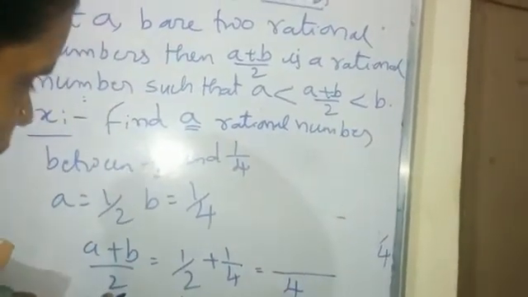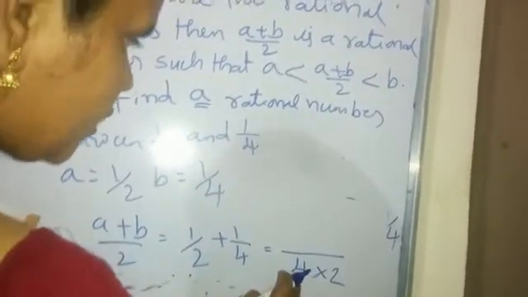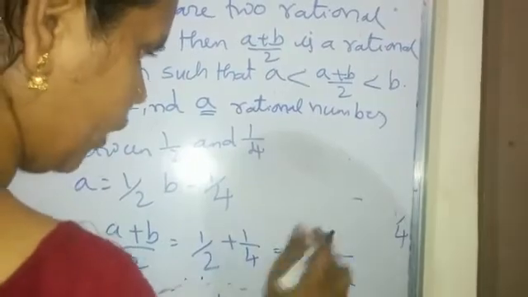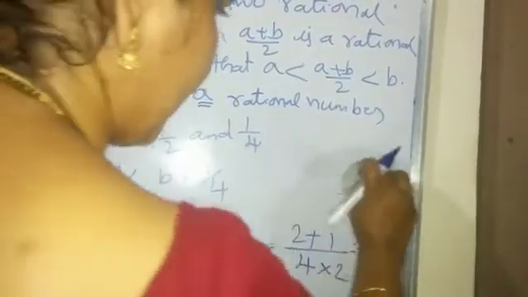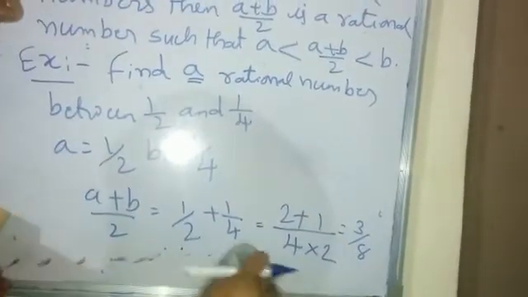Denominator 2 goes into 4 two times, so 2 times 1 is 2, plus 1 is 3. So we get 3 by 8. The rational number between 1 by 2 and 1 by 4 is 3 by 8.